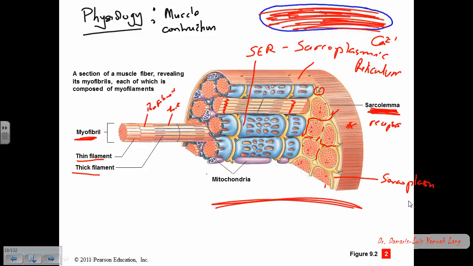Does that make sense? Okay. So today we are going to focus on muscle contraction, and you need to understand this anatomical architecture in order to visualize what is going on.